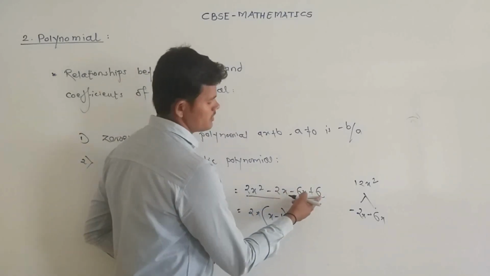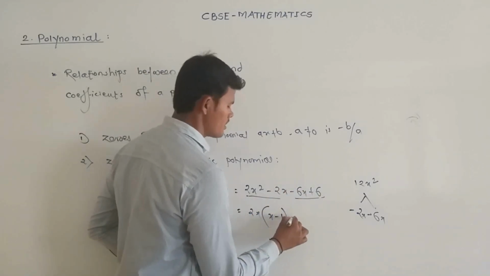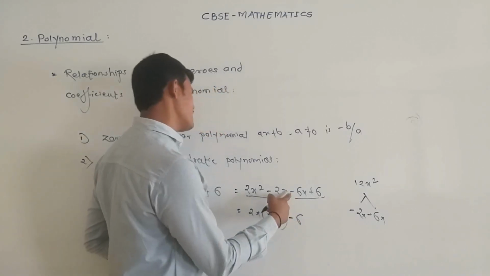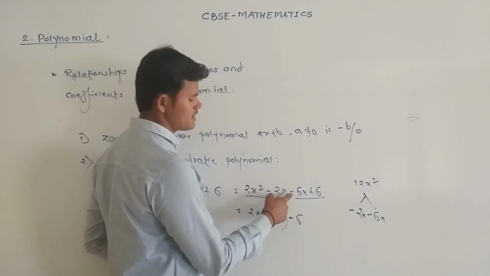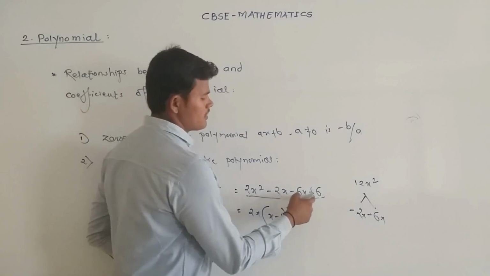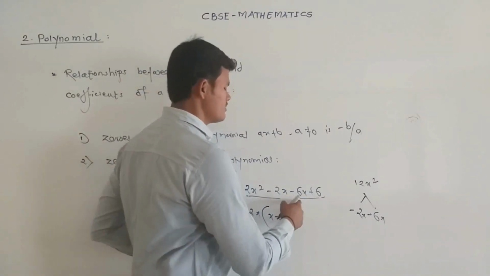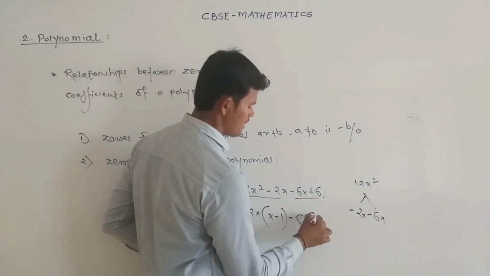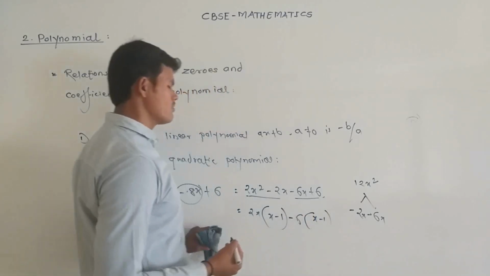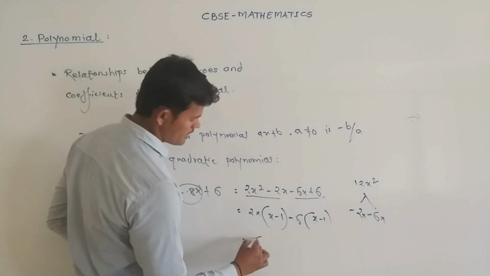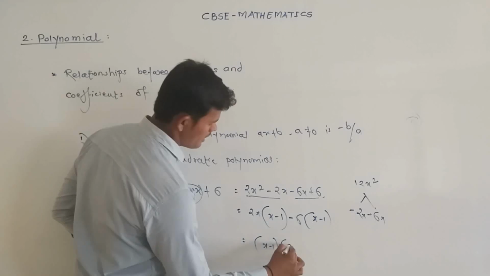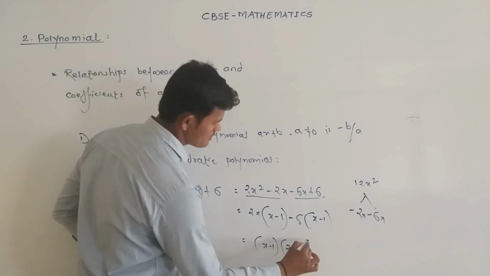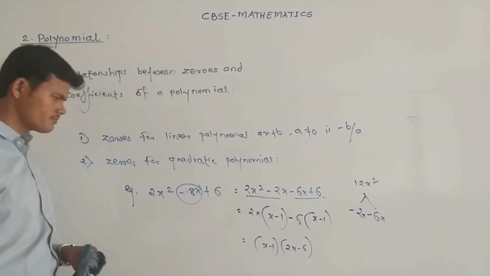From the last two terms, the common term is minus 6. Take the sign as it is, minus. If it is plus, continue with plus as it is. Now we get x minus 1, and twice x minus 6.